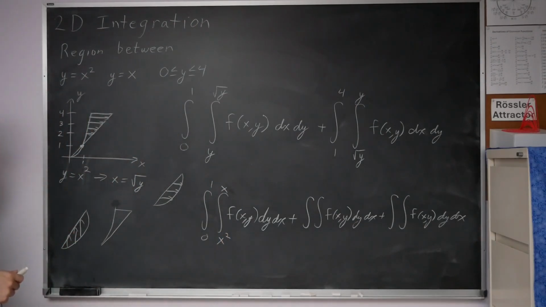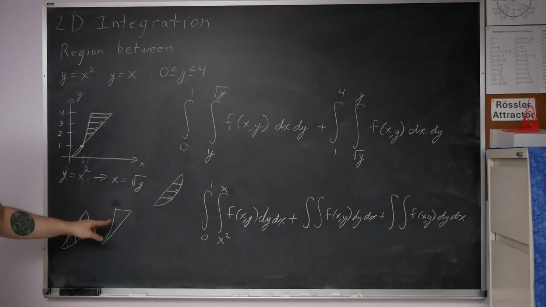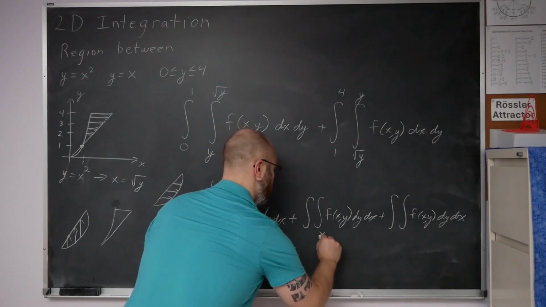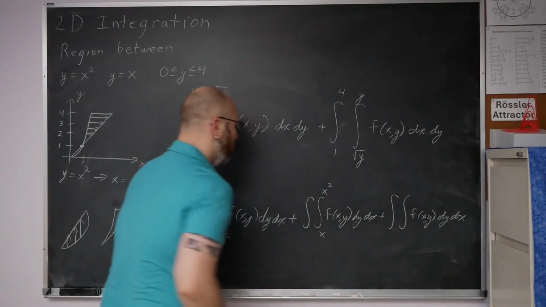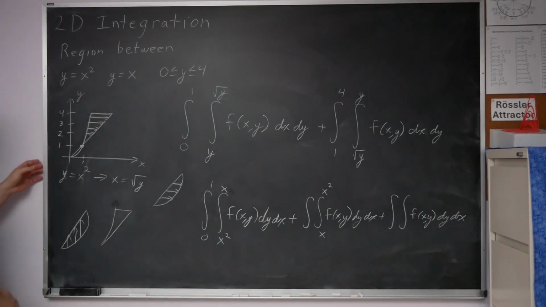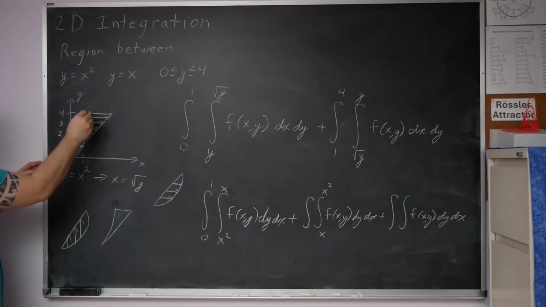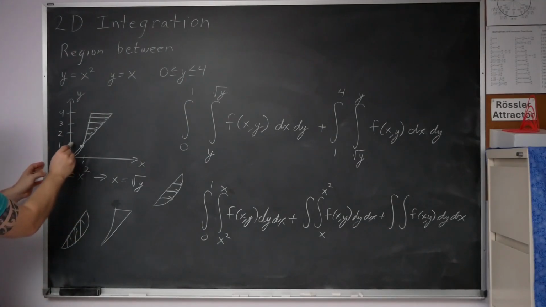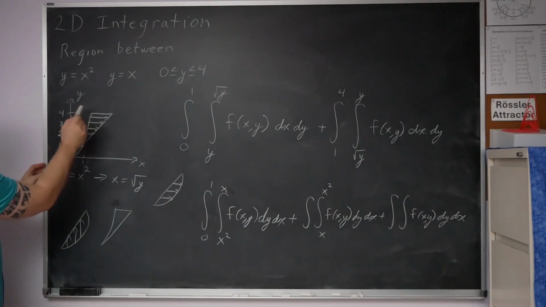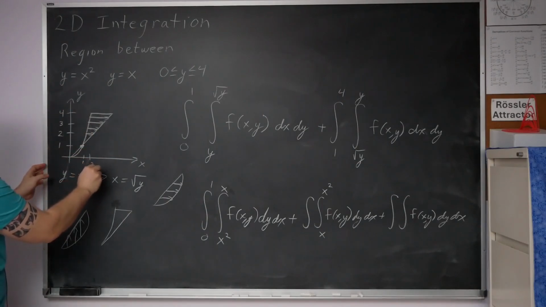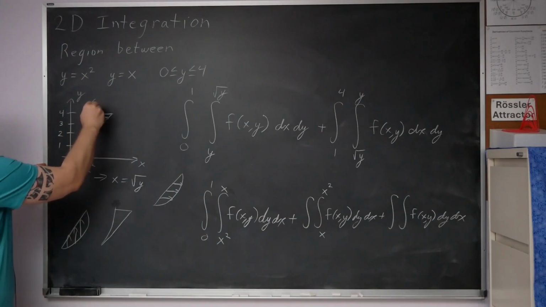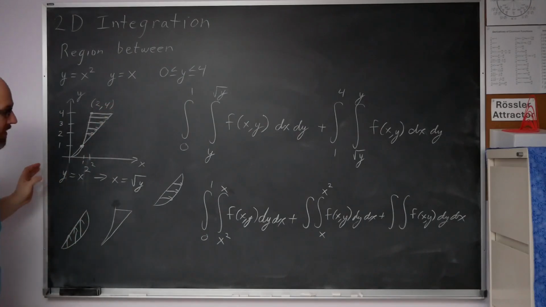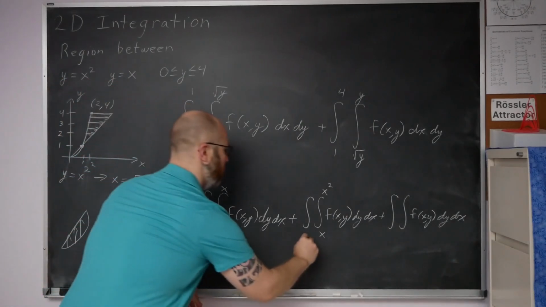Now we have to go from the line up to the parabola. But what are the bounds on y? When does this thing stop? I didn't draw it very well to scale, but if this is y equals x squared and y equals 4, then that's going to be 2. Not the best scaling on my part, but that's 2, 4. So that's going to go from 1 to 2.